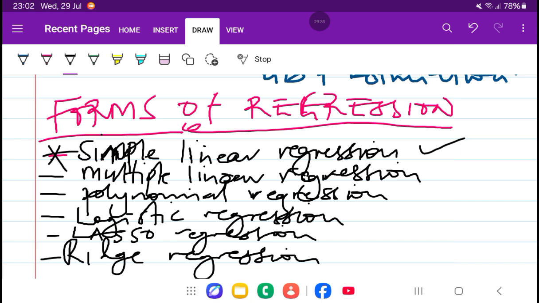So we are going to look at the simple linear regression model, because that's what we want to talk about as far as these quantitative techniques for the CPA syllabus is concerned.